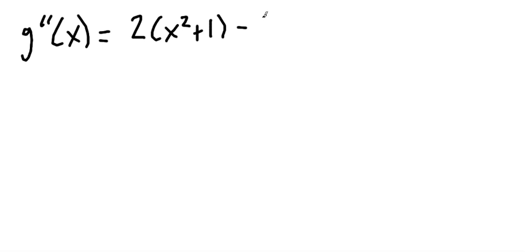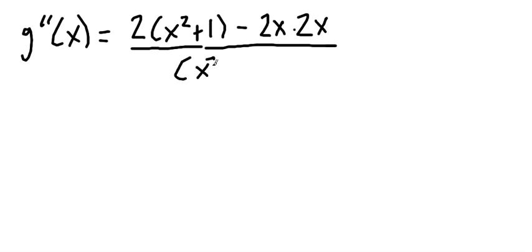So now let's also apply the second derivative test. If I take g double prime of x, using the quotient rule, I get the derivative at the top, which is 2, times the bottom, which is x squared plus 1, minus the top, which is 2x, times the derivative of the bottom, which is 2x. And this is all over the bottom squared. The bottom is x squared plus 1 squared.